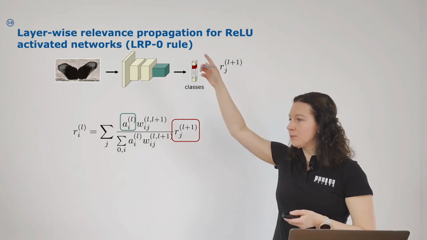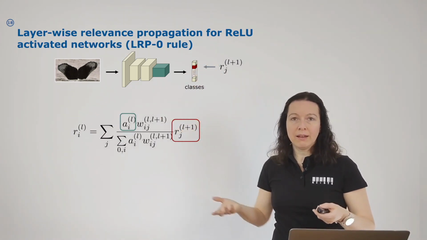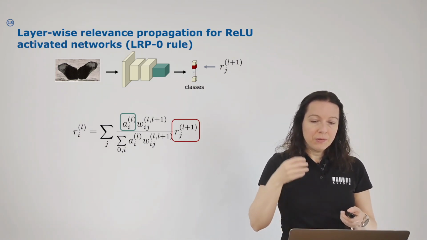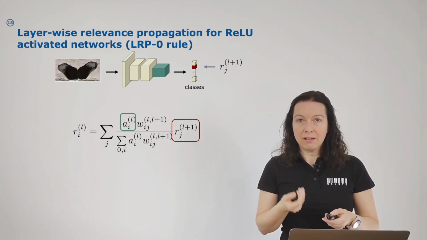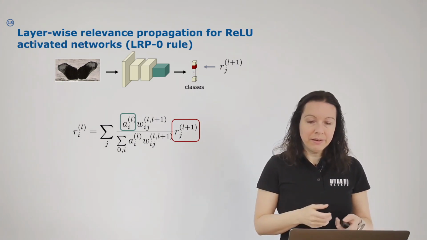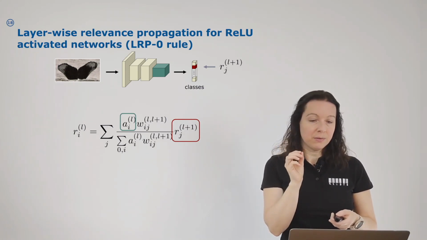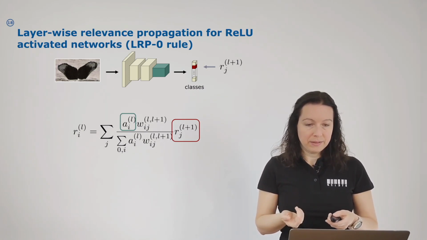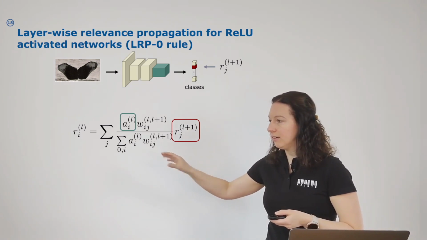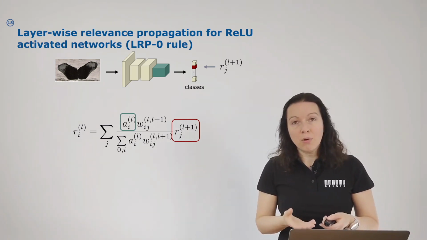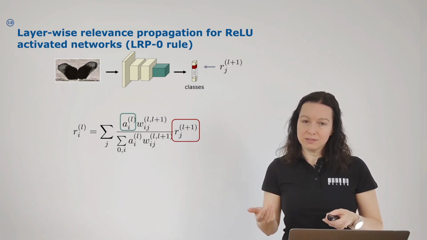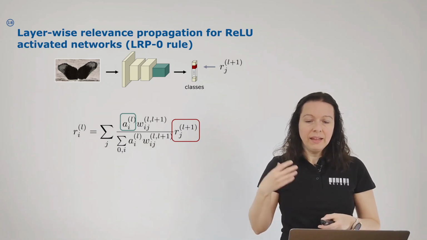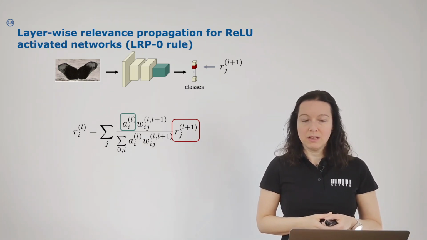Let's have a look now at a specific rule of layer-wise relevance propagation, the LRP0 rule. For each neuron J in the layer L plus 1, in this case our output layer, we calculate the influence of a neuron I onto neuron J times the relevance of the neuron J. This fraction can be seen as the amount to which a neuron I influences another neuron, and this is divided by the sum of all the influences.